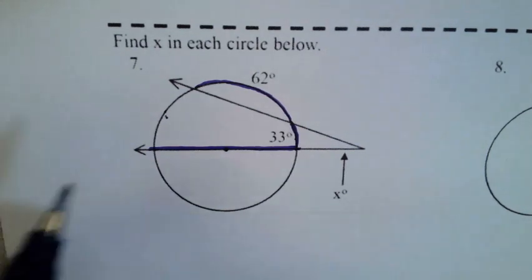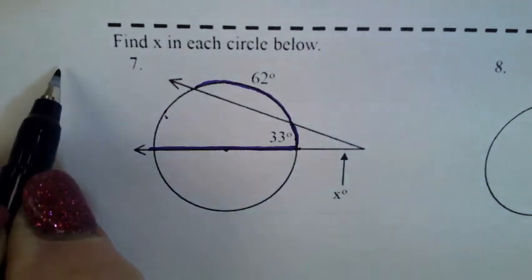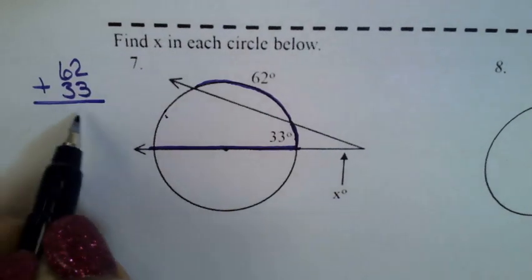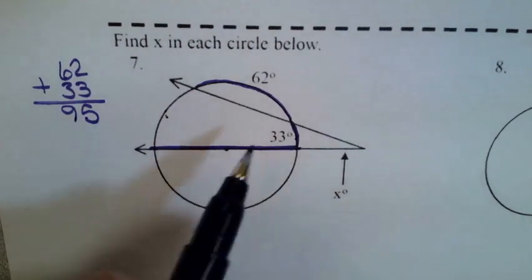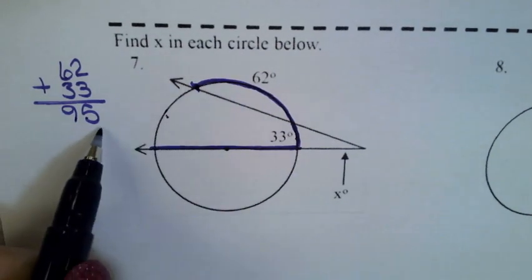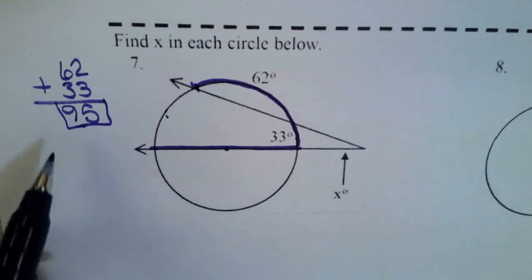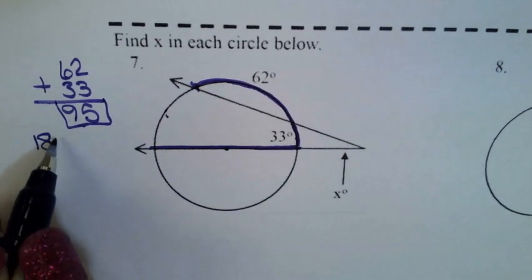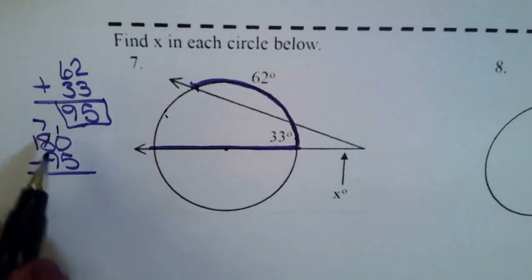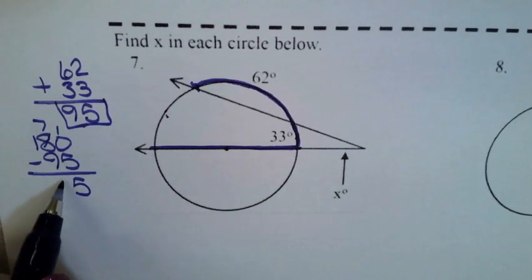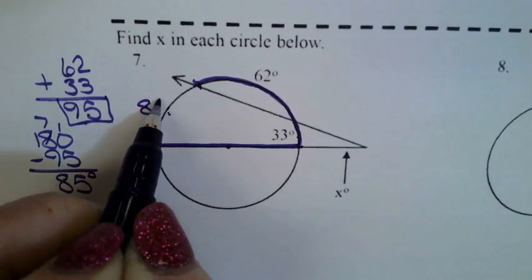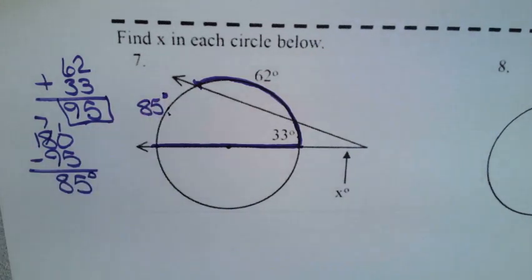So I think the easiest thing to do is to add 62 plus 33. That gives me the total of these 2 arcs. Then I'm going to take this 95 and subtract it from 180, and 85 is the measurement of this arc right here.